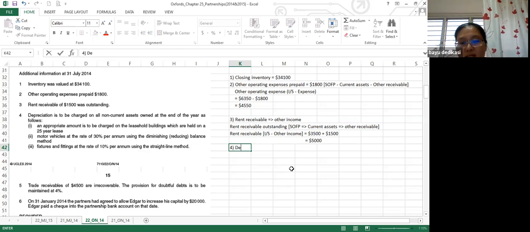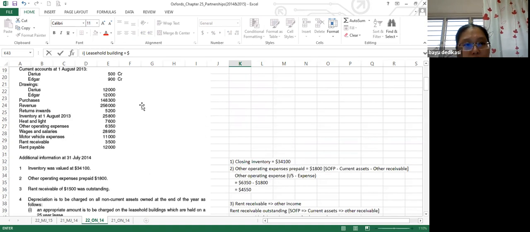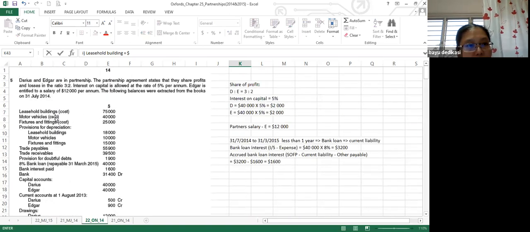So for your depreciation, number 1, leasehold building. Your depreciation calculation will be taking leasehold building.